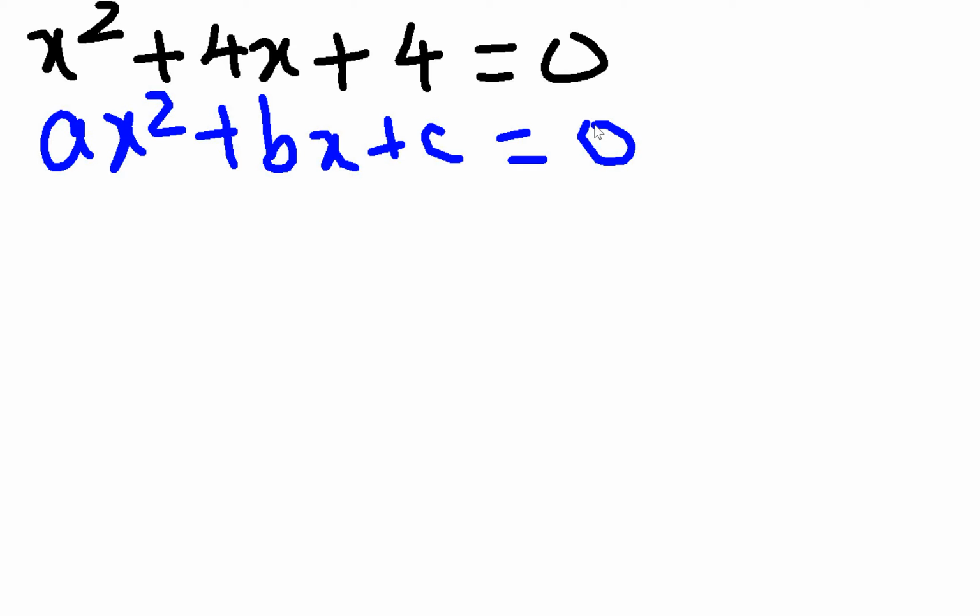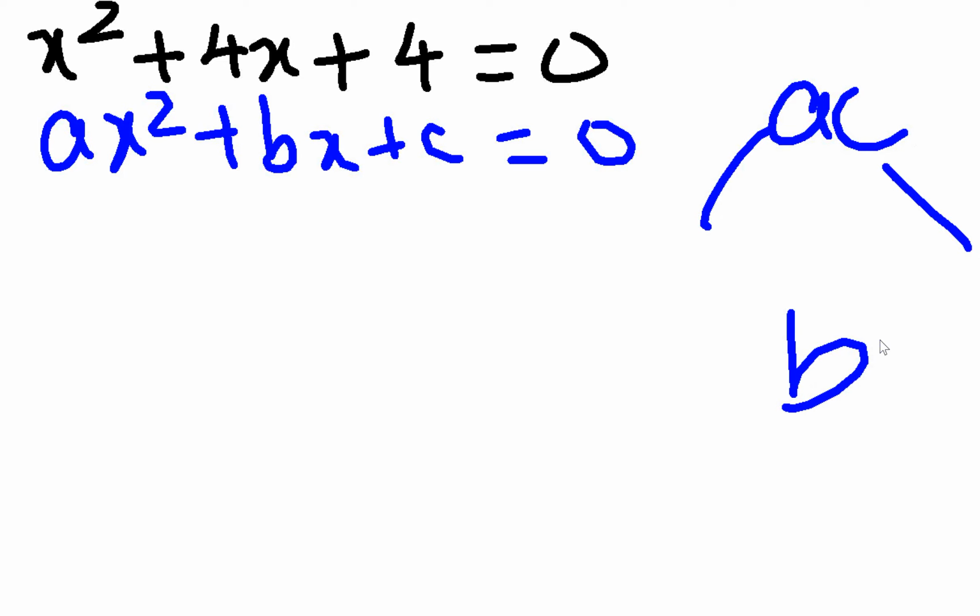But still, for a better understanding, let's write it in the initial stages. So again, my job is to choose two numbers such that if I multiply them, I get ac, and if I add them, I should get b. Here, a into c is equal to 1 into 4, which is equal to 4. And b here is equal to plus 4.